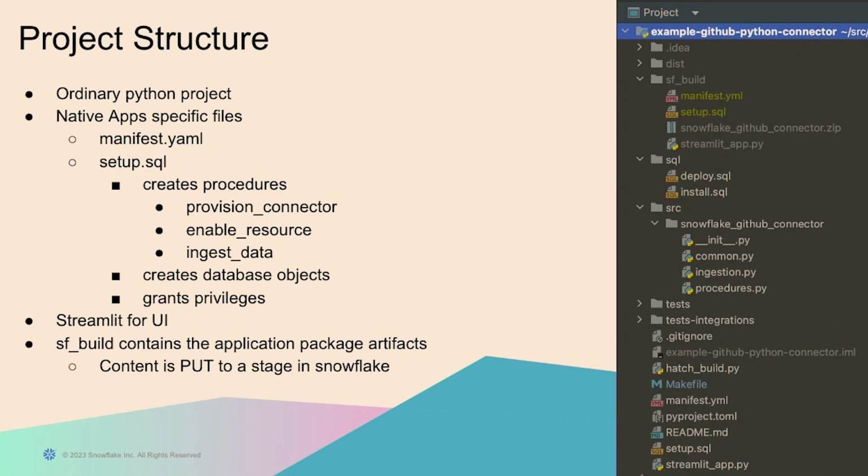But there are a couple of specific files needed for the native app framework, like the manifest file, which holds some metadata and configuration for the framework, and a setup script. That's the script which is going to be executed when you create the application instance. The purpose of the script is to create some database objects, grant privileges, and also create procedures, like the 3 procedures which we'll describe in a moment, for provisioning the connector, enabling the resources, and ingesting the data.